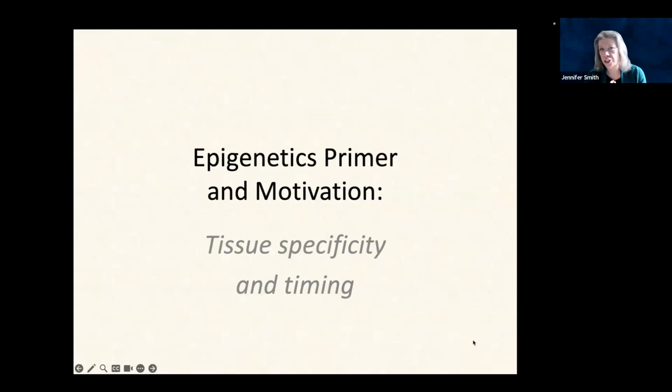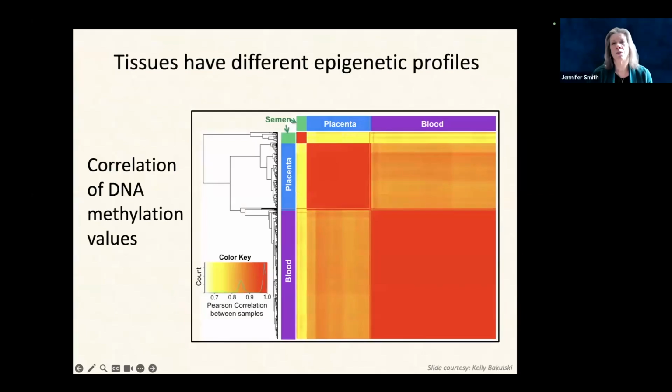Another few words about tissue specificity and timing that are going to become important as we think about our analysis. Tissues, again, have different epigenetic profiles. If we look at samples from two different tissues, this is the correlation pattern between samples of placental tissue and samples of blood.